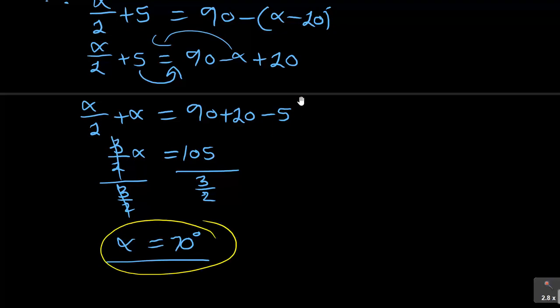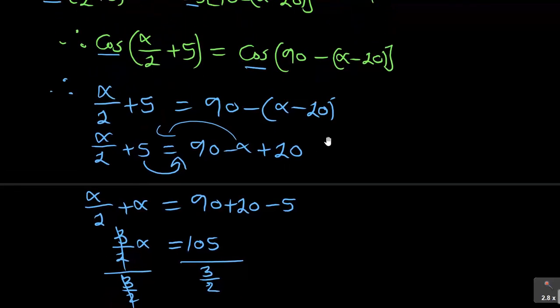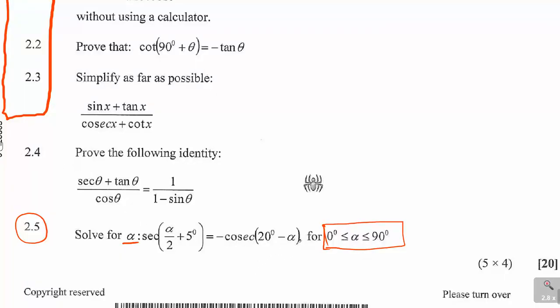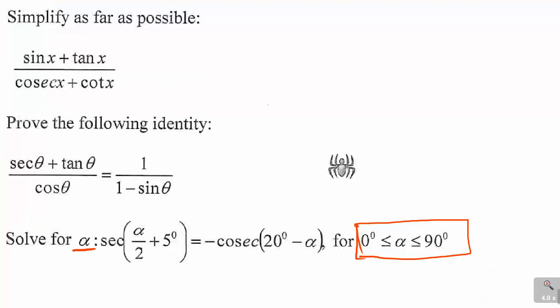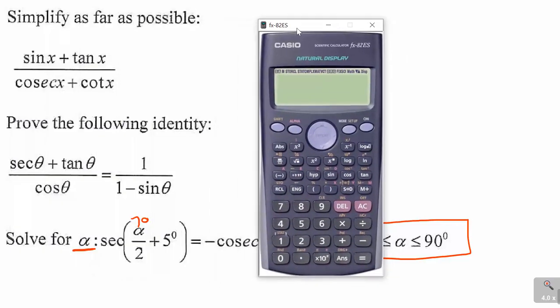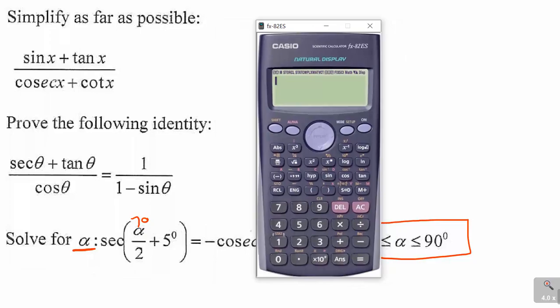Now I can test this answer where alpha is 70 degrees. Coming to the question here, where there is alpha, I put 70 degrees, and where there is alpha, I put 70 degrees. Now if I use the calculator on the first part, remember it's sec. The calculator cannot give me sec, so I say 1 over cos.